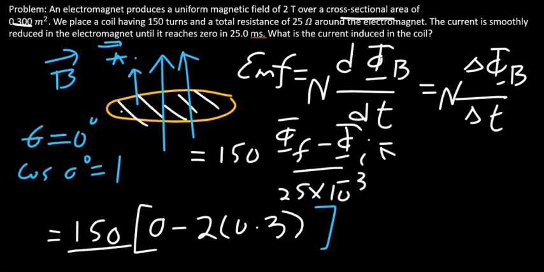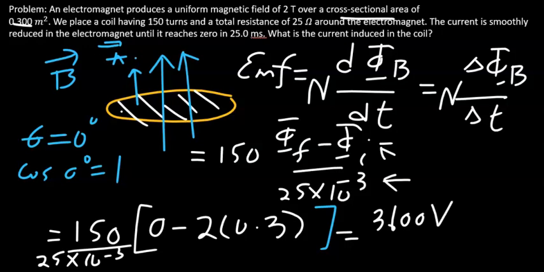And you divide that by the time interval, 25 times 10 to the power minus 3 seconds, and that should give you an EMF of 3600 volts. Note, we are looking only at the magnitude, hence 3600 volts.